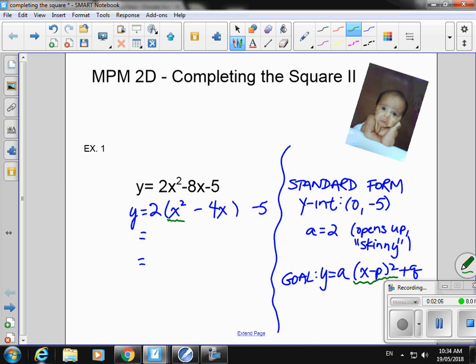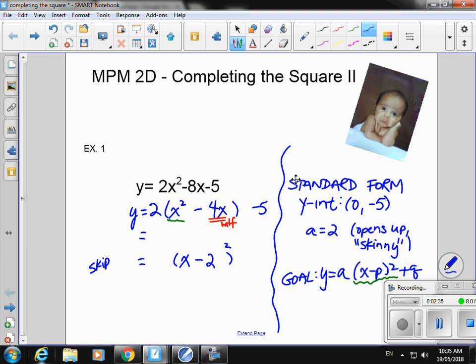My next thinking is, all right, I know that I want to end up with this beautiful, perfect square like that. So I'm going to skip a line, and I'm going to write the perfect square that I'm aiming for. The perfect square that I'm aiming for is x, and it's subtract half of this value always. X subtract 2 squared is that perfect square that I'm aiming for.